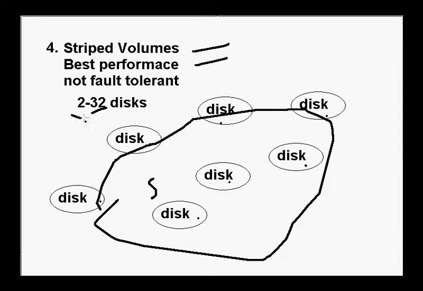And we can use anywhere from 2 to 32 disks to complete this process. The downside is that if a disk in a striped volume fails, the data in the entire volume will be lost. So let's say this one fails here, we've got a problem with all the 6 other ones that were in the same volume. So this is the downside to having better performance but not having fault tolerance.